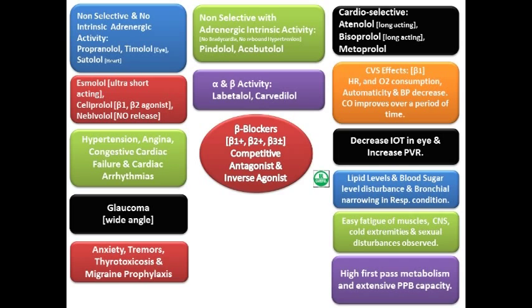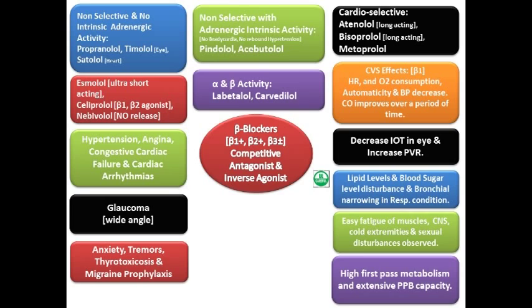You want to use these drugs because these are actions which are mediated by the beta receptors, especially the beta 2 receptors. Thyrotoxicosis, again a condition where there is a lot of sympathetic activity, so you want to use these drugs to put the body at rest. A few drugs like propranolol are good drugs as far as migraine prophylaxis is concerned. So these are in short the uses of beta blockers.